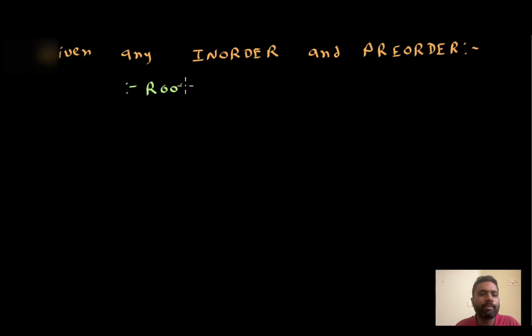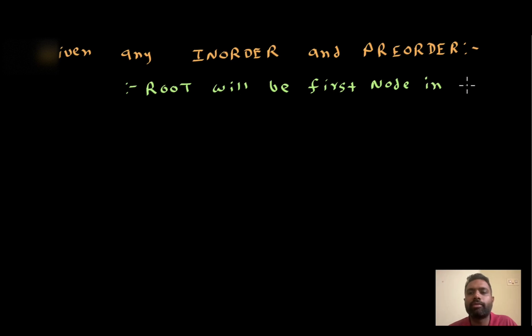The root will be the first node in preorder. That we can identify very easily.